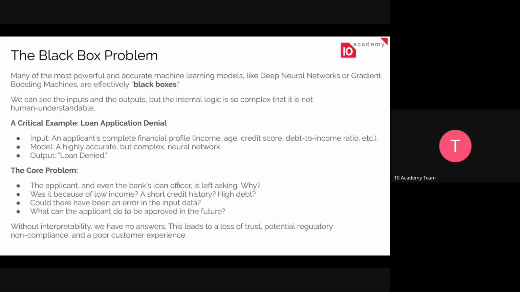Like there is a law, I think, I don't know if it has been passed, but I believe there is a law that basically forces you to explain why you have rejected the person and so on. And poor customer experience. Since the customer doesn't know why he was rejected, he is not going to be happy with it. The customer experience is going to be bad.